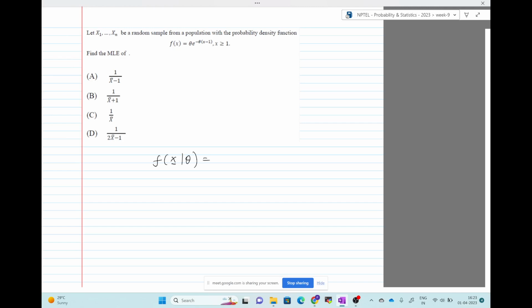That will be the product of f of x given theta. So that will be theta power n e power minus summation theta xi minus 1.